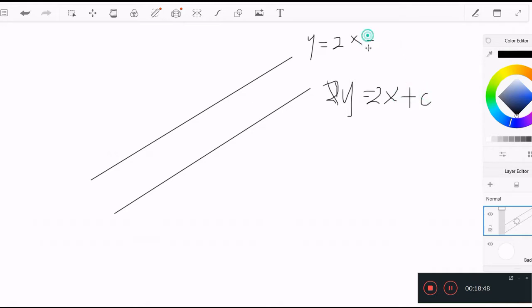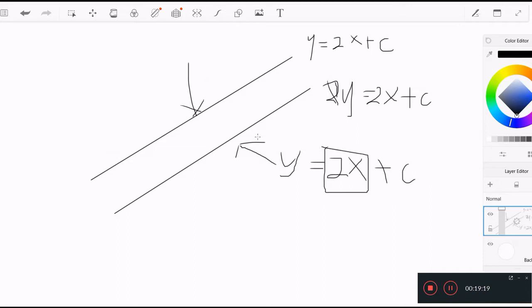We cannot determine the value of c because we don't have enough information. But what I can assure you is if this line is given as the linear function y equal to 2x plus c, I straight away know that this line's slope is equal to 2 as well, because these two lines are parallel. They share the same slope if they are parallel.